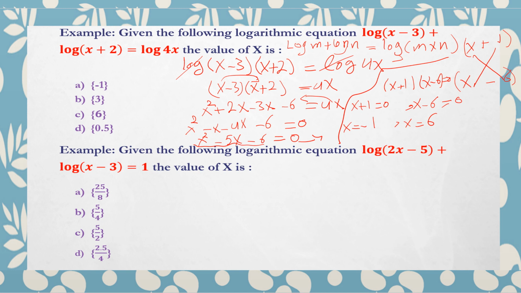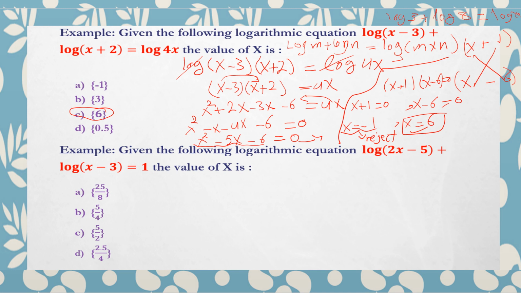And here again, minus 1 plus 2 gives log 1, and log 1 equals 0, and minus 1 times 4 gives minus 4, and there is no logarithm for any negative numbers, so we reject this answer and accept x equals 6, as log 3 plus log 8 equals log of 6 times 4, log 24. And the correct answer is C.